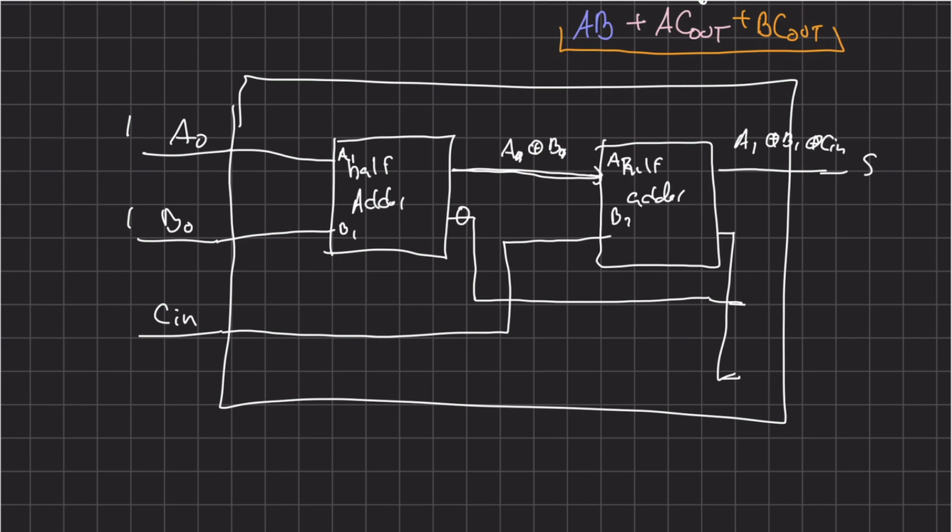So I have a carry at the output. Sorry, I dropped my pen. Okay. Let's clean this up. If this one is activated, so there is a carry, this one and this one are 1. So if this one is 1 or this one is 1, I want the carry to be on. So it's an OR that goes there.